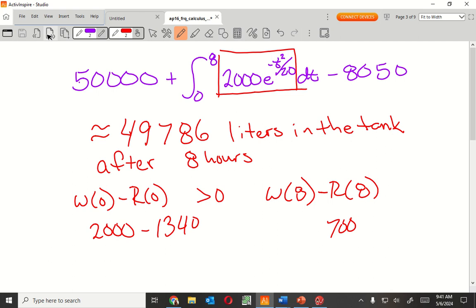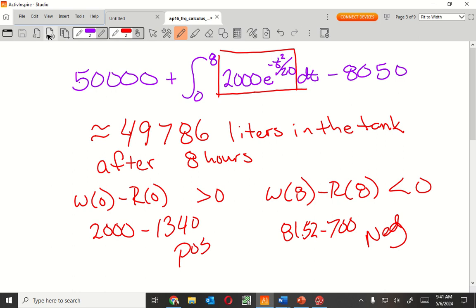What is it? 81.52, right? Okay, so if you notice right here, this all here is less than 0. So over here, this is a positive, and this one is a negative.